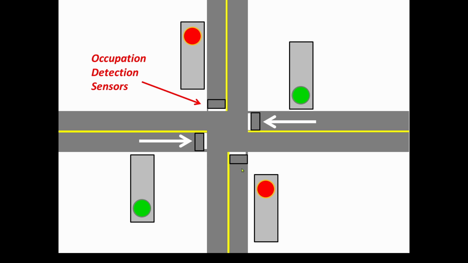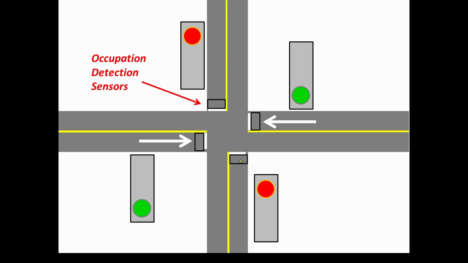Well, first of all, if you've ever driven and come up to an intersection where they have occupation detection sensors, you might have noticed that the pavement is cut into a rectangle. These sensors detect, for example, if a car is coming into this red light at this intersection, and the sensor will send a signal to the state machine controller that says, hey, I know there's traffic running on this horizontal road going left to right and right to left, but somebody just showed up at the stoplight on this vertical road.